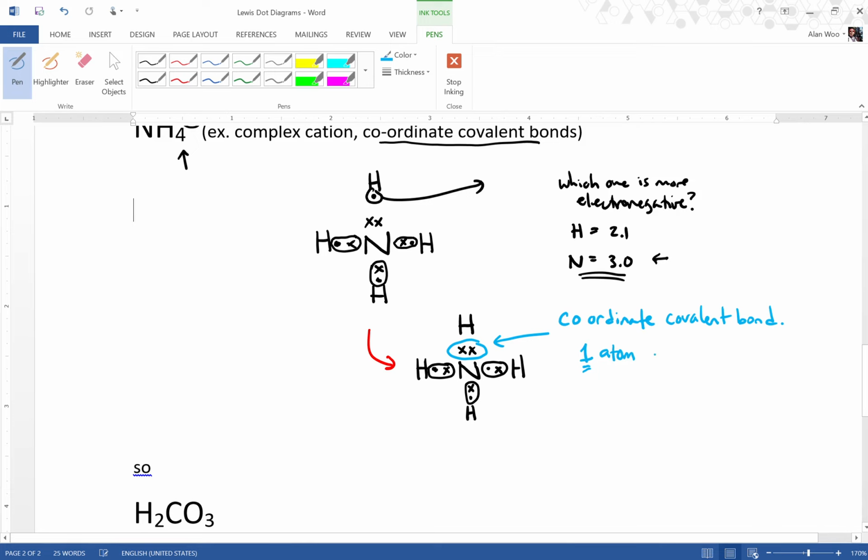a single atom gives up both of its electrons to be shared between two different atoms, or to be shared between itself and another atom.